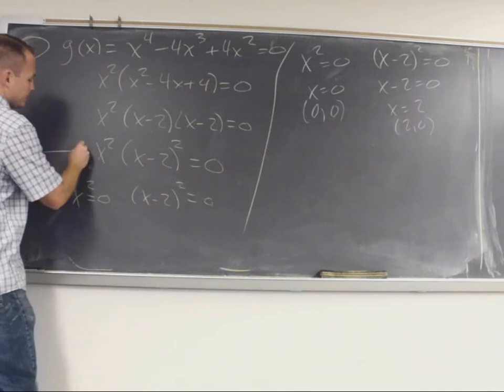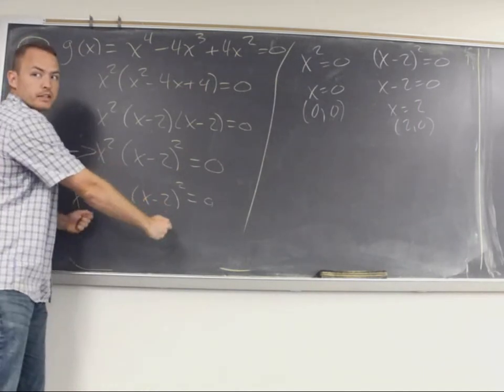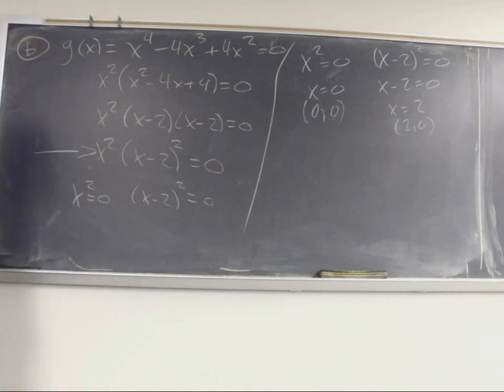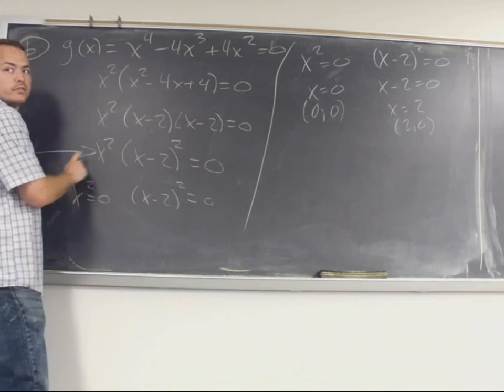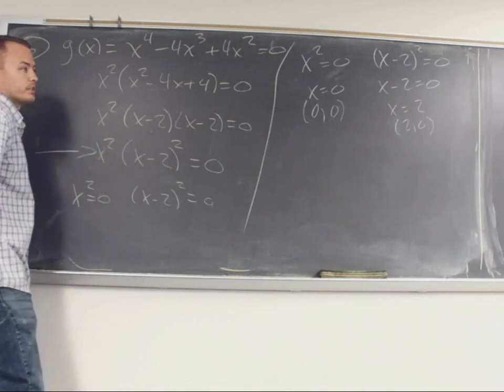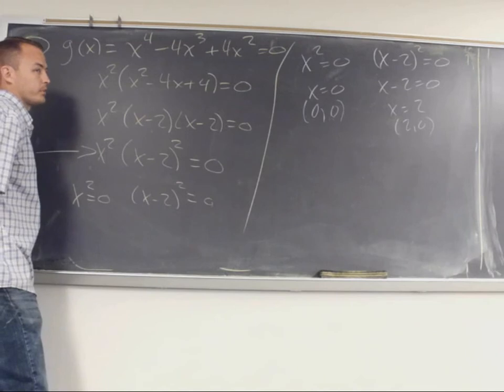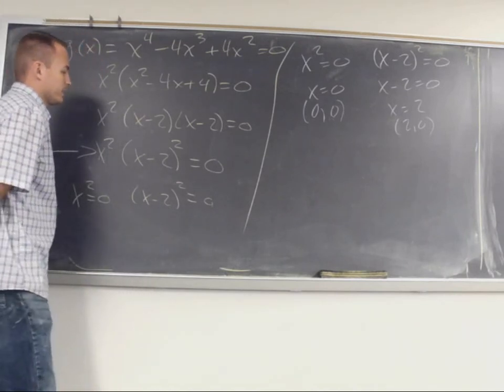So we need to come back to this step right here, right before we broke them out and set them separately equal to 0. And then I need to look at that exponent right there. So it tells me that 0, 0 originated from this with the exponent of 2. So 2 is even, that means it has even multiplicity.